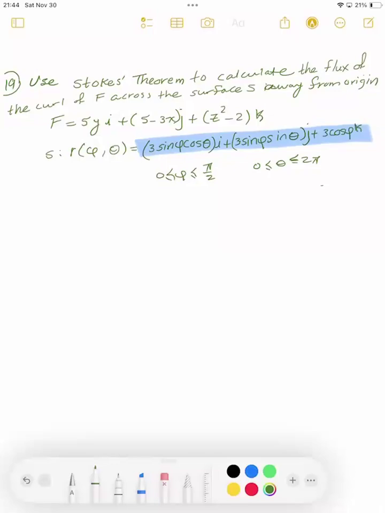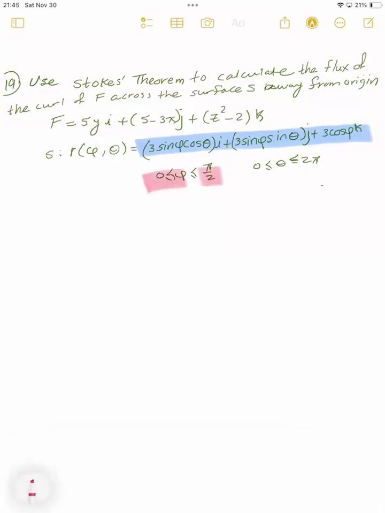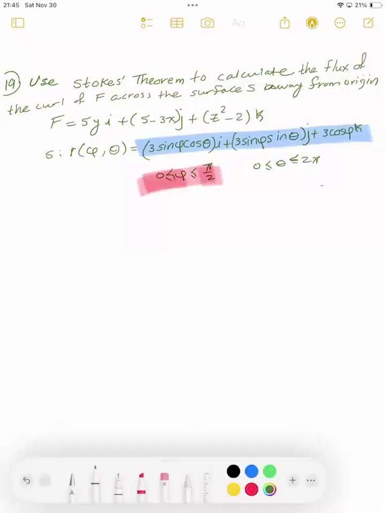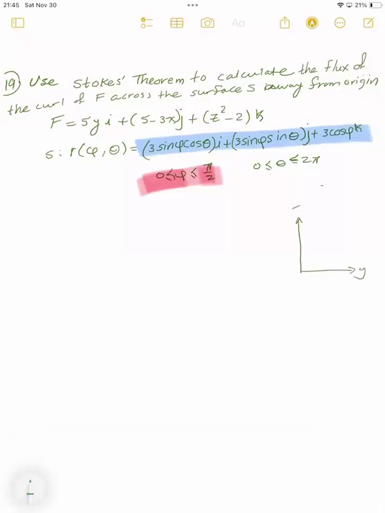And if you look at the boundaries, phi goes from 0 to pi half. So this is your z-axis, this is your y-axis.